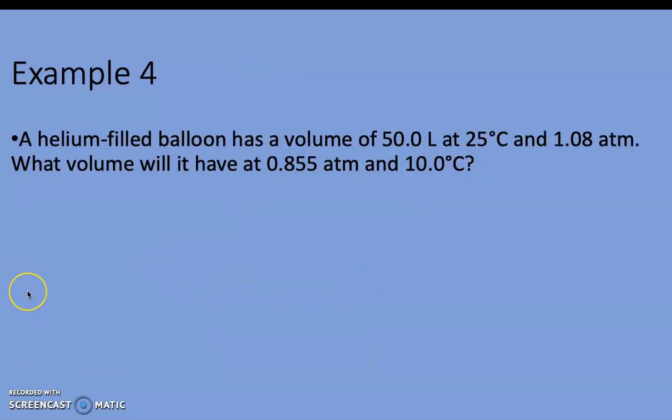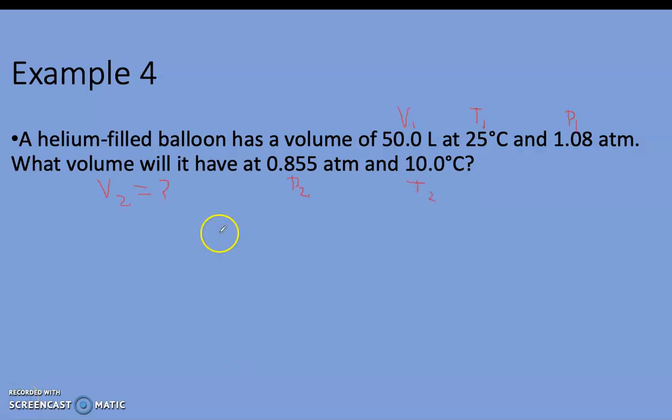So let's take a look here. A helium balloon has a volume of 50 liters at 25 degrees Celsius and 108 atmospheres. What volume will it have at 0.855 atmospheres and 10 degrees Celsius? So you convert Celsius to kelvins.